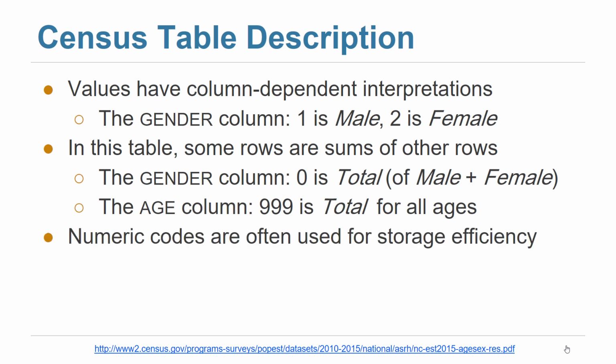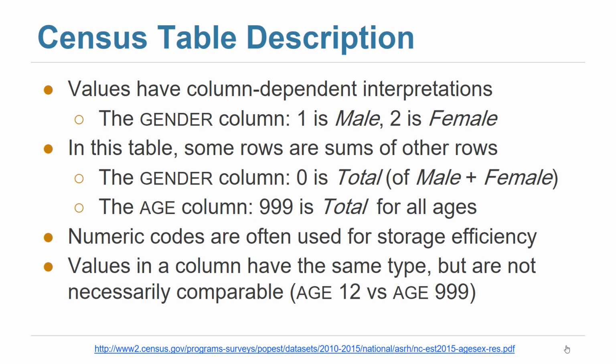So that's a description of most of the columns here. We mentioned that numeric codes are often used for storage efficiency. And the values in the age column have the same type but are not necessarily always comparable, because we cannot compare 12 with 999.